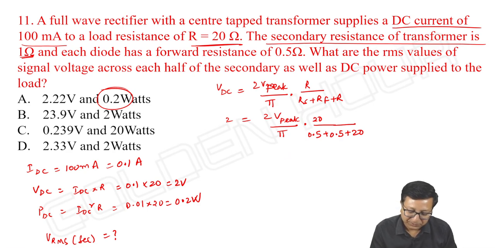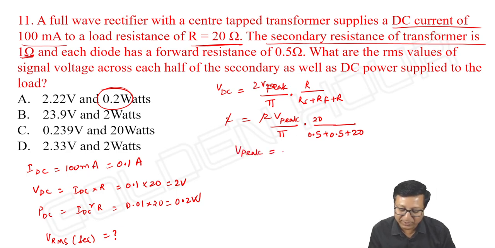Okay, so then this two and this two get cancelled and the peak amplitude of the input voltage is equal to 21 pi by 20.